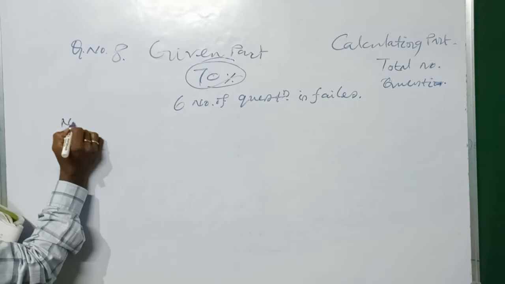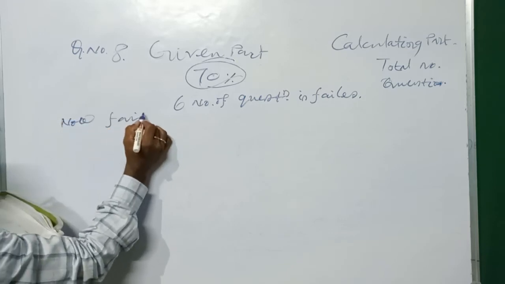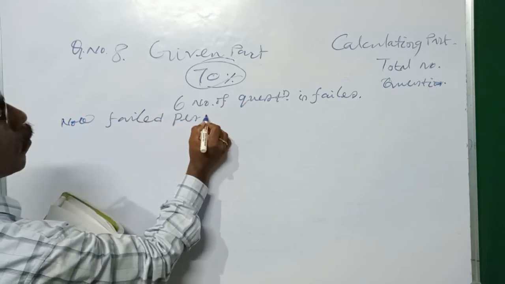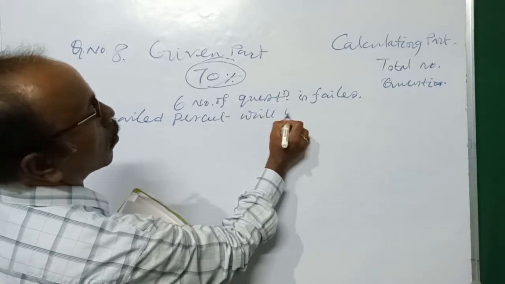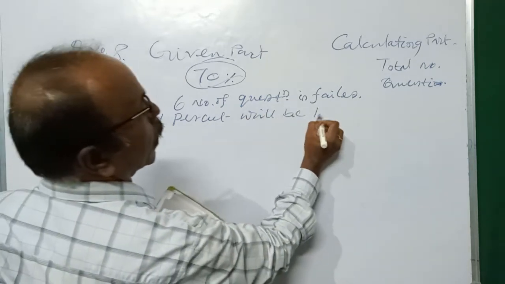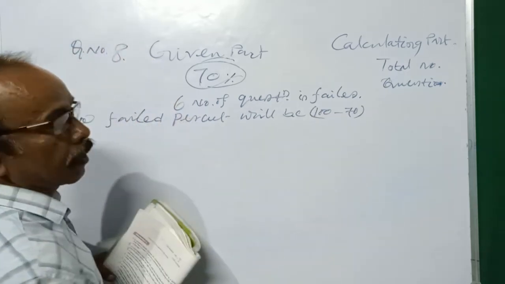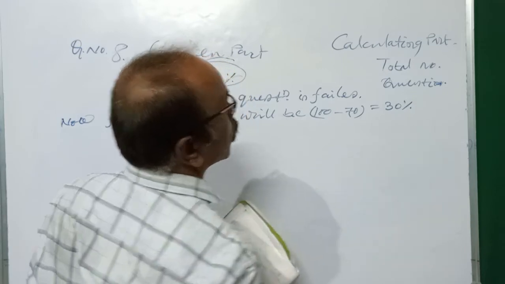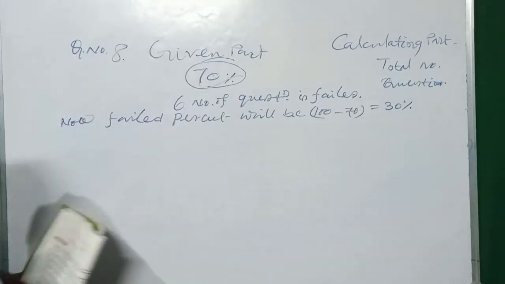Now, the failed percent will be 100 minus 70. Am I clear? Is equal to 30%. Robbie failed to give the answer only 30%.